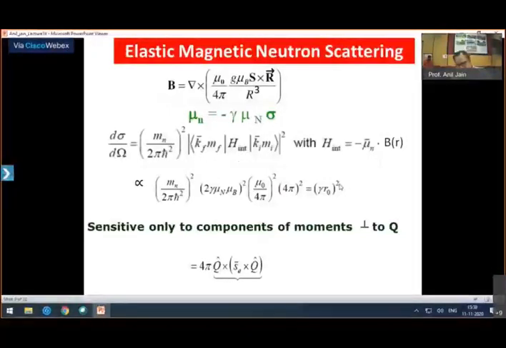One point I want to make clear here is that this magnetic scattering length is of the same order of magnitude as your nuclear scattering length. And this allows you to see the magnetic peaks, because if they were small, you could not see them. This is what happens in the case of X-rays.